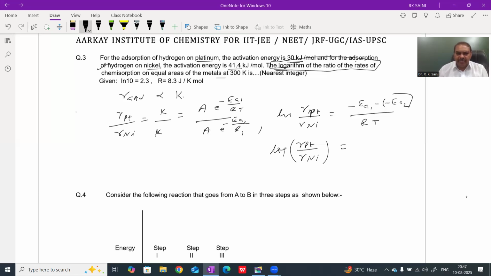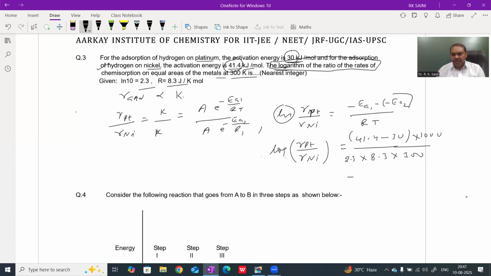EA2 means activation energy on nickel surface is 41.4 kilojoule and activation energy on platinum surface is 30, EA1, divided by R into T. When we change ln into log, we multiply by 2.303, but given 2.3, therefore the logarithm of the ratio is 2.3 into R. The given value of R is 8.3 in joule, therefore the activation energies also change into joule, and temperature is given in Kelvin.